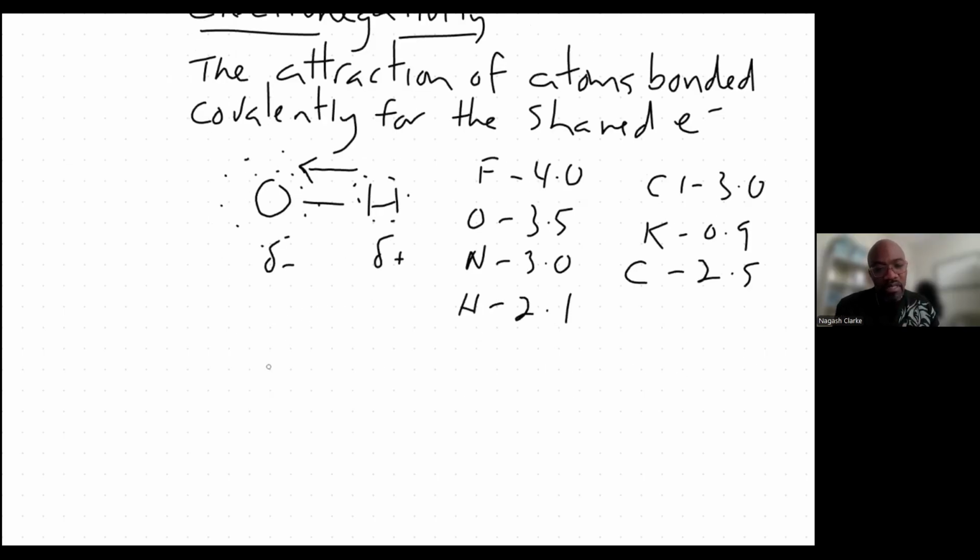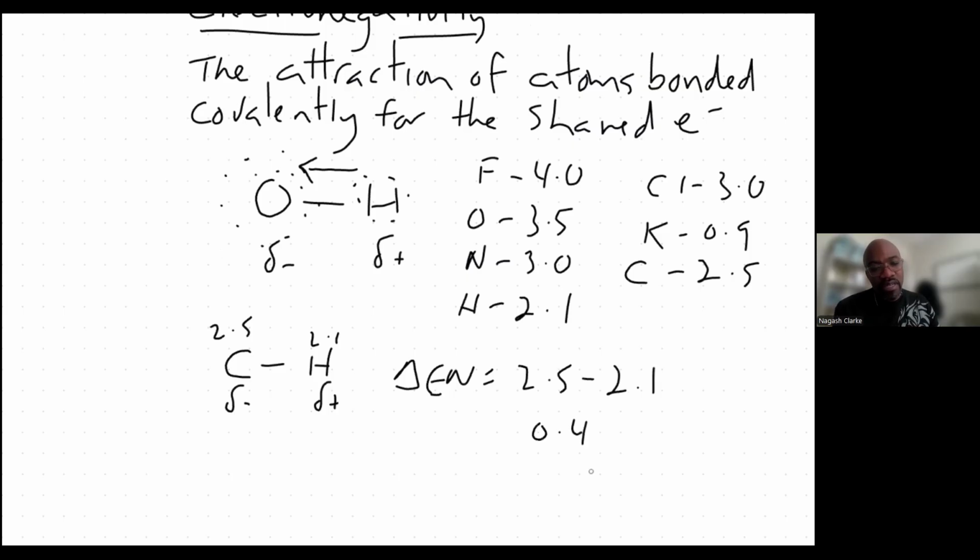We can use these numbers to see, if I have a bond between, say, C and H, I'm going to have most electron density on carbon. However, the difference between carbon and hydrogen, which we call delta EN, is 2.5 minus 2.1, that's 0.4.